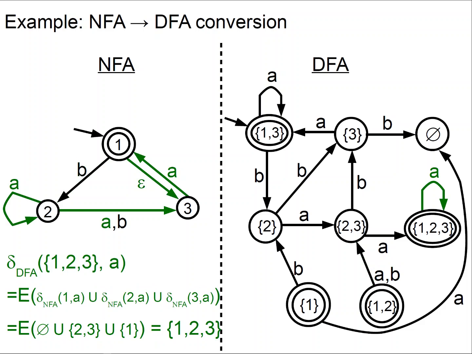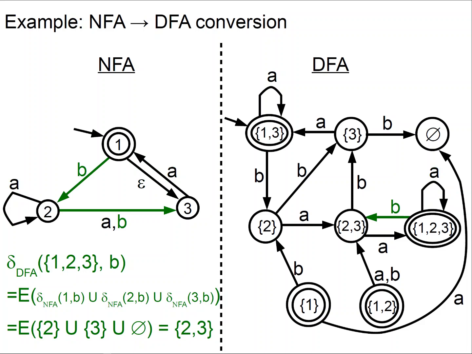Okay, let's now do something more complicated. Let's say we have the set {1, 2, 3}. Delta DFA of {1, 2, 3} reading an A would be the epsilon closure of the union of three things: delta NFA 1A, 2A, and 3A. This gives us the set {1, 2, 3}. What happens if you read a B?